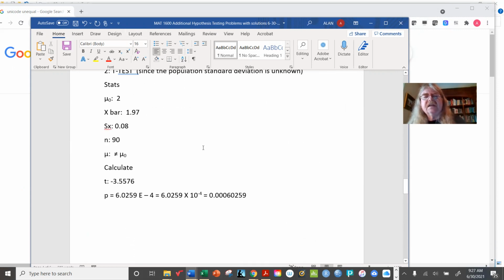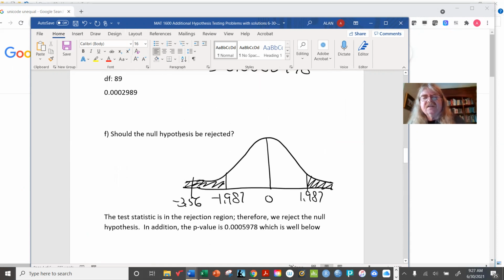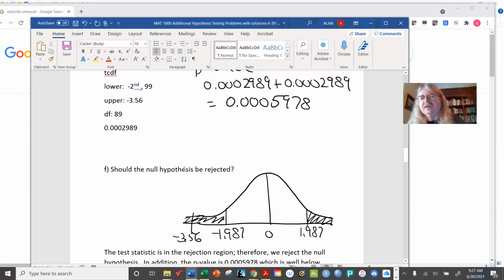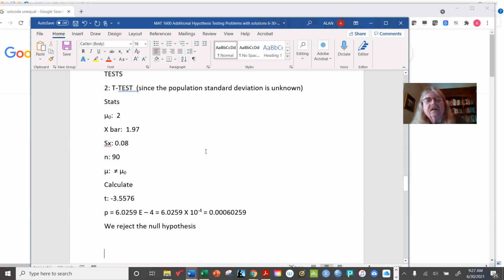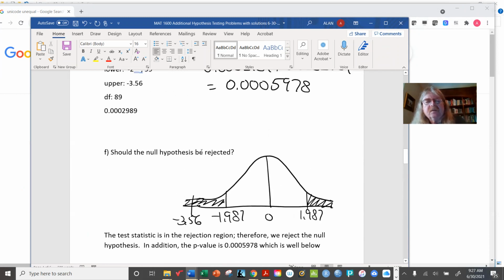The difference is that we used negative 3.56, which is a slightly rounded value, and they're using the exact value. So either way, we reject the null hypothesis. Okay, so you can use this as a double check, or you can go through the traditional approach.